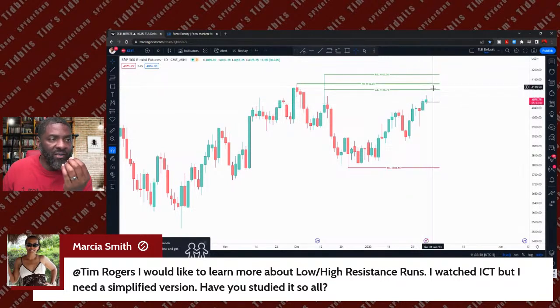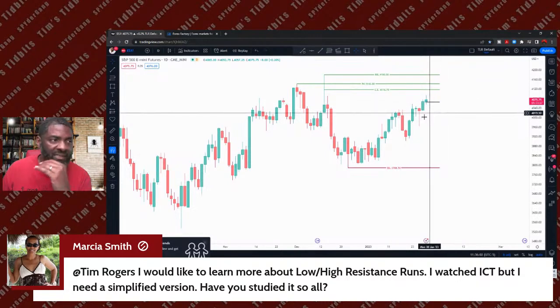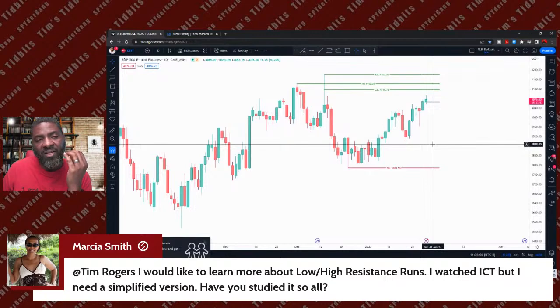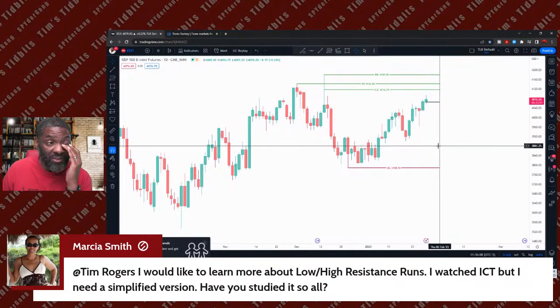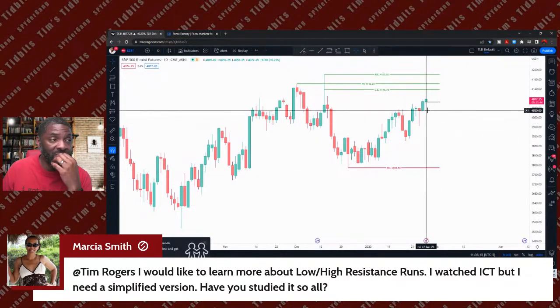I'm not saying we'll even get there, but from today's open to any time in the near future, what's the path of least resistance to get to liquidity?